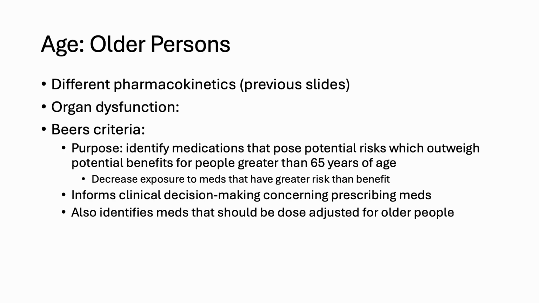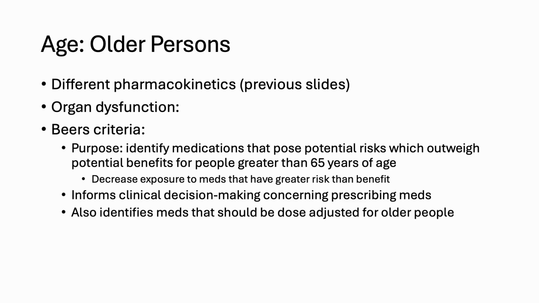So Beers criteria is not saying you absolutely must not give these medications to elderly people. Beers criteria is a way to understand that elderly people have a higher risk with these meds, and you need to know what those risks are so that you can do a risk-benefit analysis of prescribing these meds.